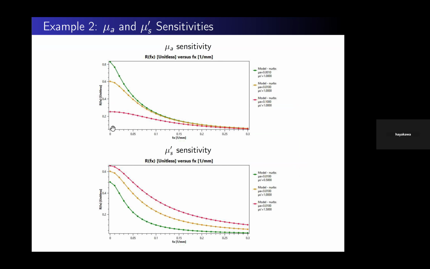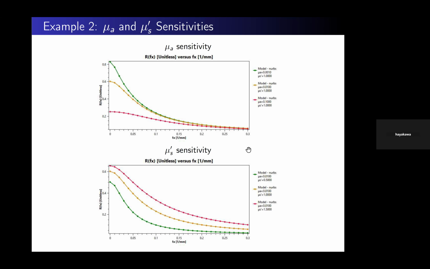You can see spatial frequency 0 has the biggest difference. So it's the most sensitive to changes in mu A. Down here at 0.2, pretty close, 0.3, pretty close. So we're not going to get mu A well with fx equals 0.2 and 0.3. However, mu S, pretty separated, even down in this range, looking pretty good. So we're still getting scattering.